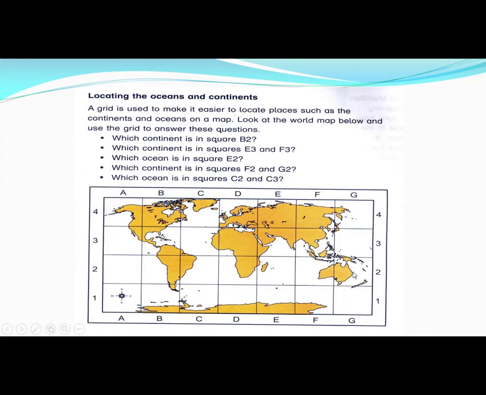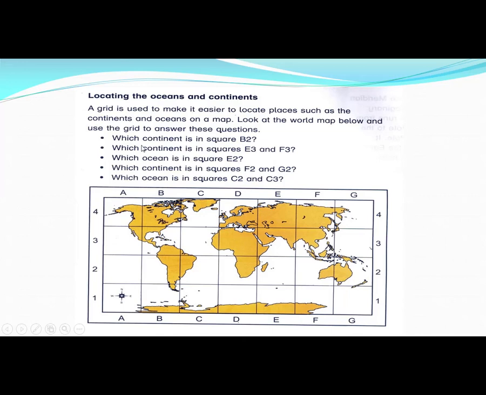This will be G2 and this will be G1. F1, F2, F3, F4. E1, E2, E3, E4. D1, D2, D3, D4. C4, C3, C2, C1. B1, B2, B3, B4. A1, A2, A3, A4.